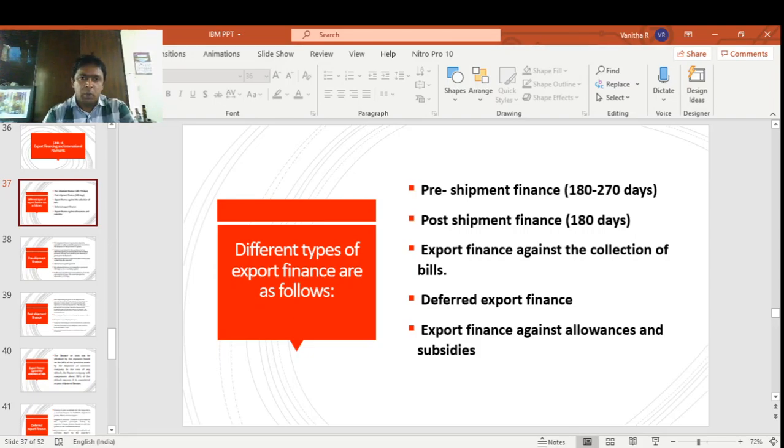In this session, we would discuss this, and I would try to give you the modes of payments and the advantages and disadvantages of these modes of payments.